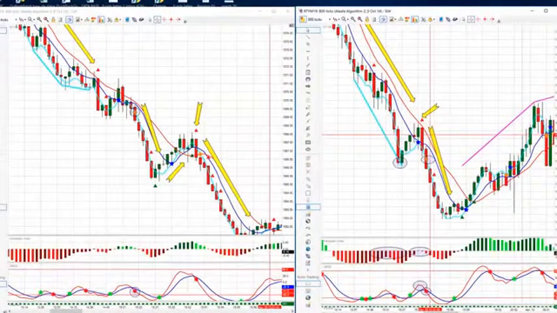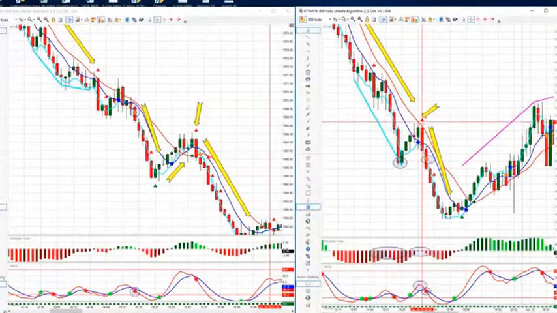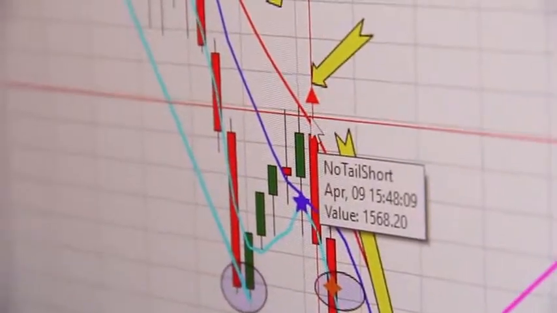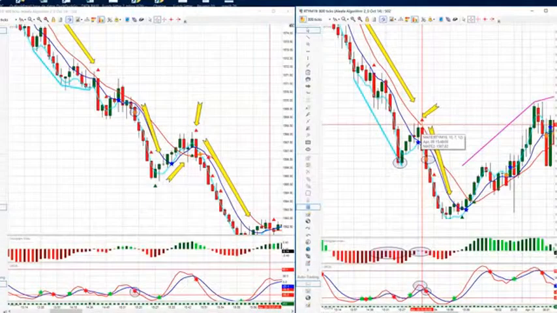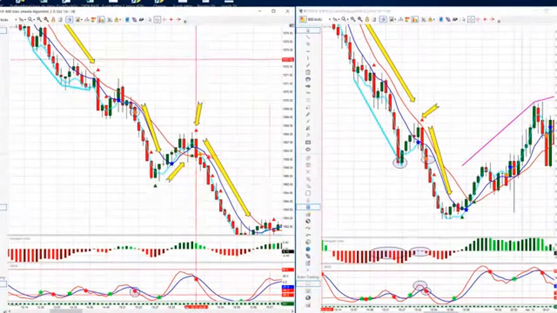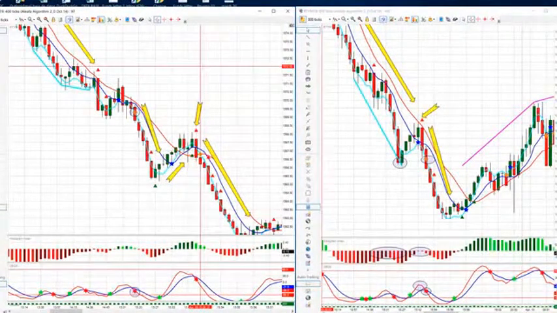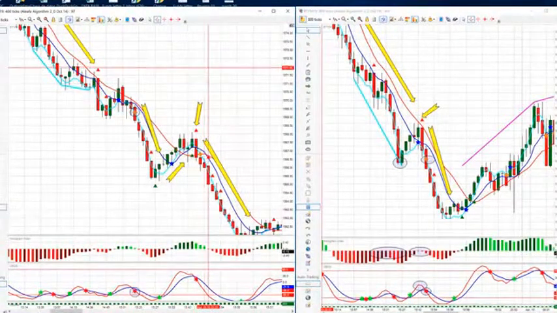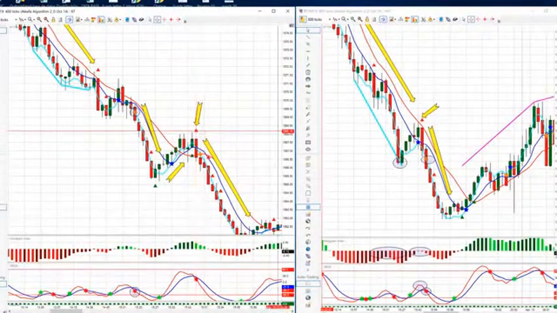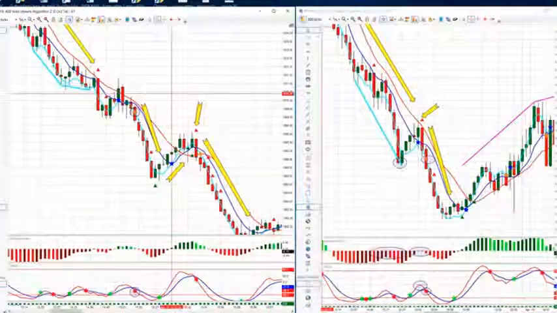And then, of course, another Holy Grail, put the cursor on the red triangle, and you have 1548.09. Put the cursor here, 1548.09. By the second, with a blink of the eye, two triangles will show up simultaneously on both charts.